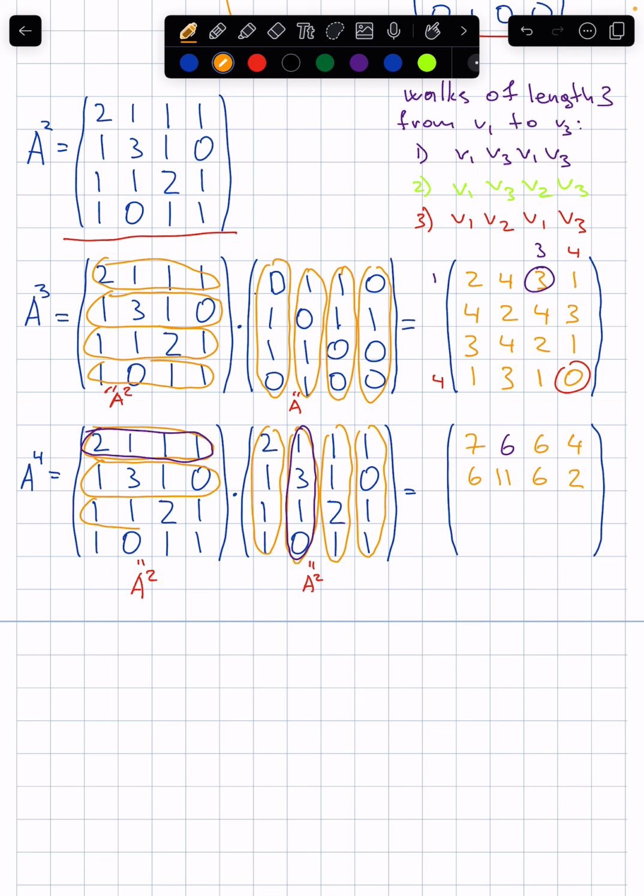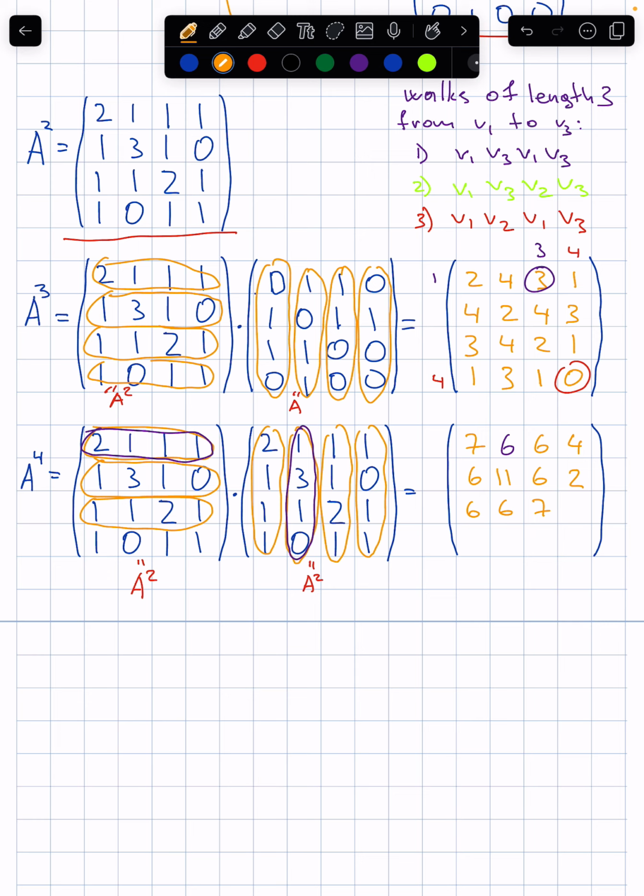Okay, third row. 2 plus 1 plus 2 plus 1. So that's 6. By the second, it's 1 plus 3 plus 2. That's another 6. By third column, it's 1 plus 1 plus 4 plus 1. So that's a 7.